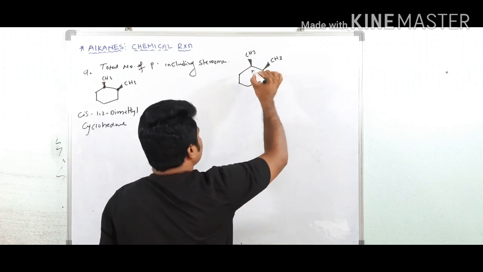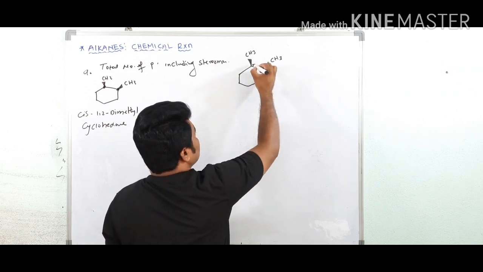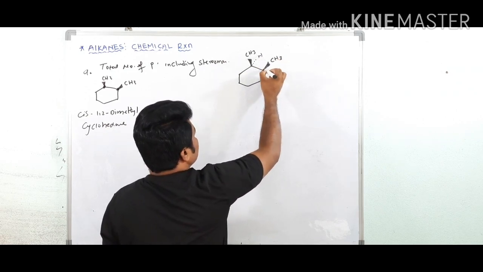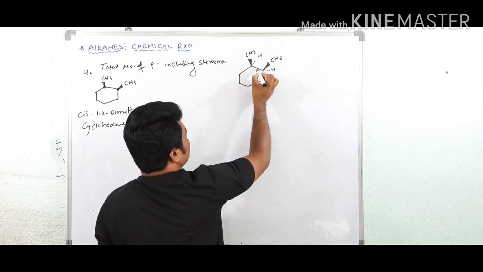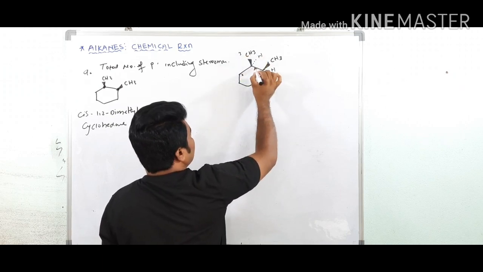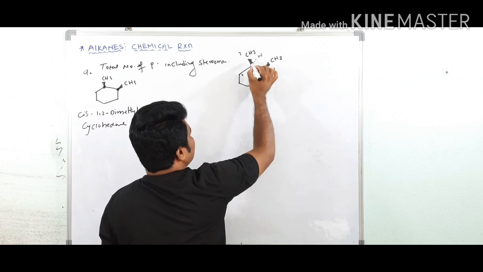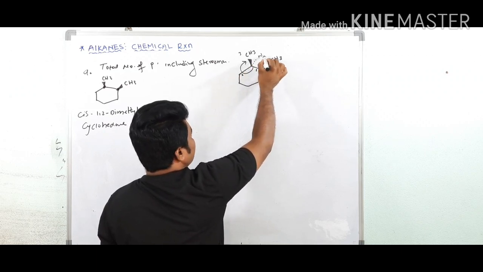Suppose for this you have to draw the RS configuration. See here below the plane is hydrogen, here also below the plane. The first priority goes to here, the second priority here, this is third priority. See 1, 2 and 3. You are getting R, because the lowest priority is below the plane.